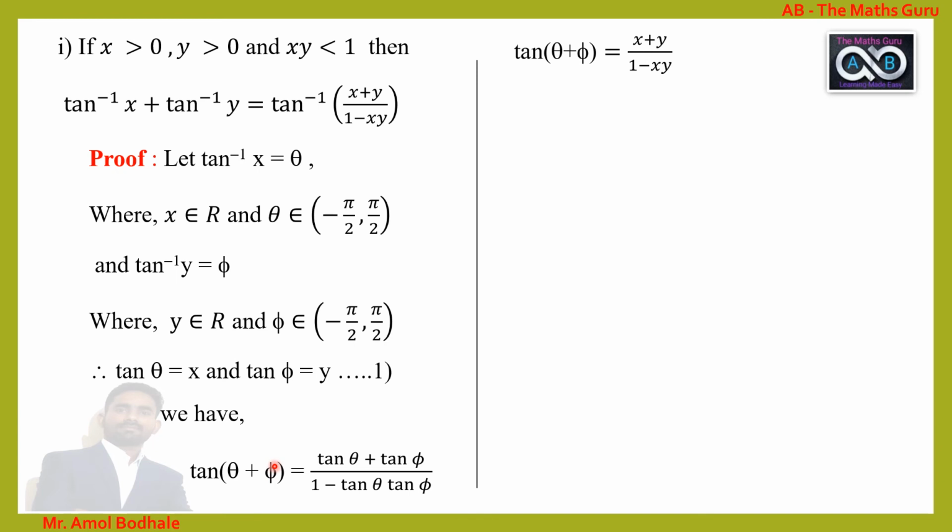If we put tan theta as x and tan phi as y, we'll get tan of theta plus phi, which is x plus y upon 1 minus xy. Now we can write tan inverse of this is equal to theta plus phi. So therefore tan inverse of x plus y upon 1 minus xy is equal to theta plus phi.